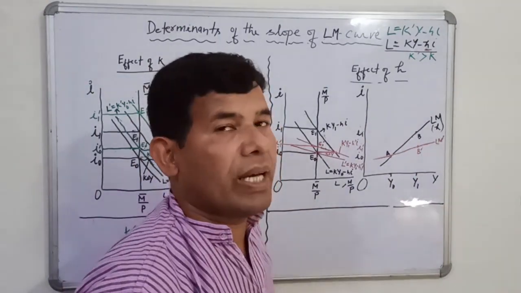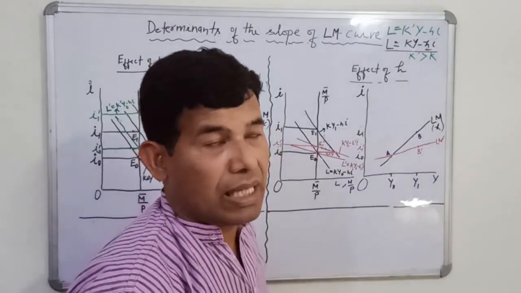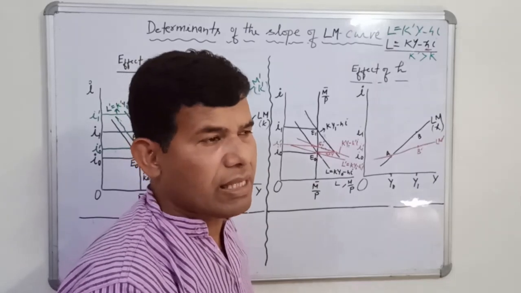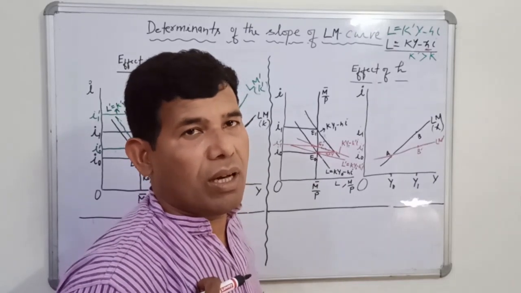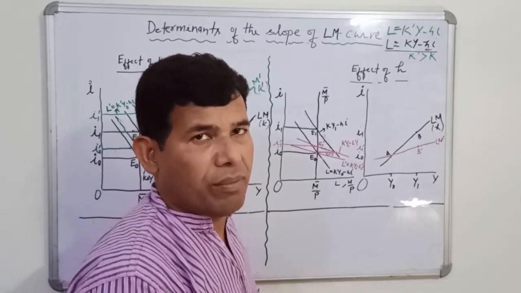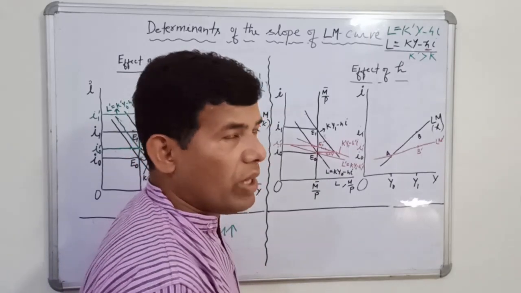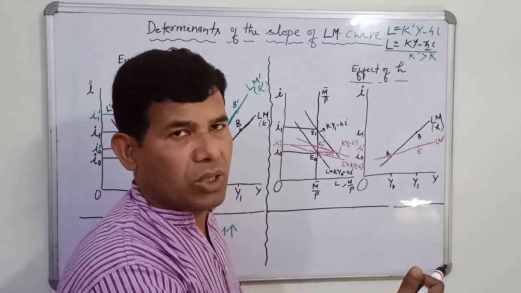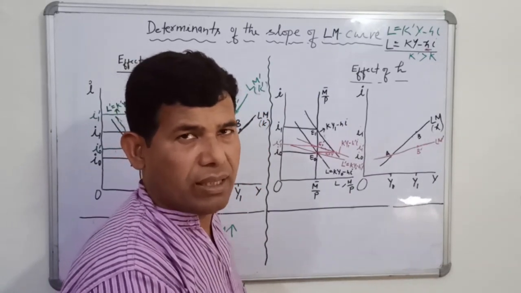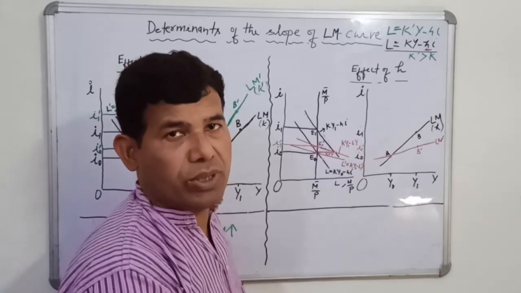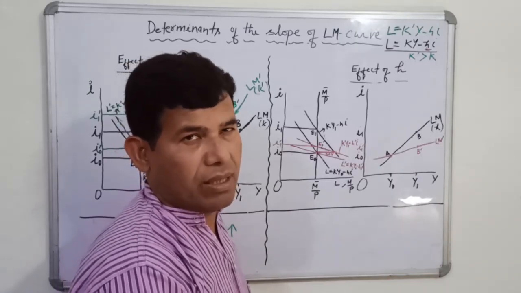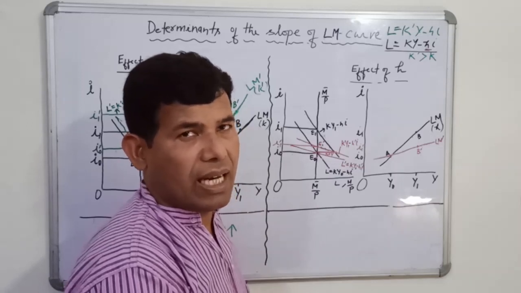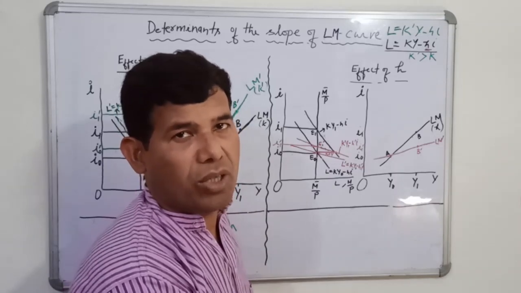Now take a situation where H is higher. That means money demand is very sensitive to change in rate of interest. A little change in the rate of interest is going to affect you from the point of view of holding money. If the rate of interest rises a little bit, you hold less money, more bonds or more fixed deposits, and if the rate of interest falls a little bit, then you hold more money and less bonds or fixed deposits, right?